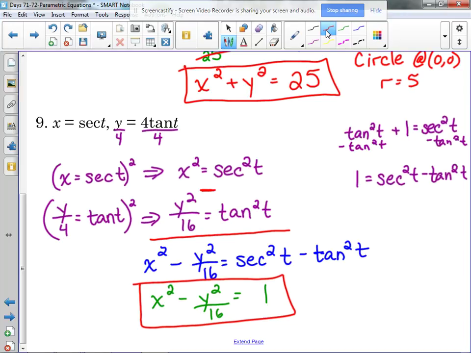This does have a center still at the origin because we're not subtracting or adding anything with our x's and our y's. Which axis is it going to cross? The x. Whichever one is not negative is the axis that it's going to cross.